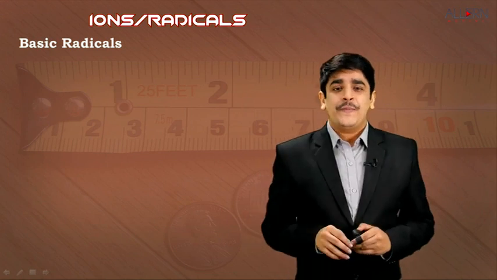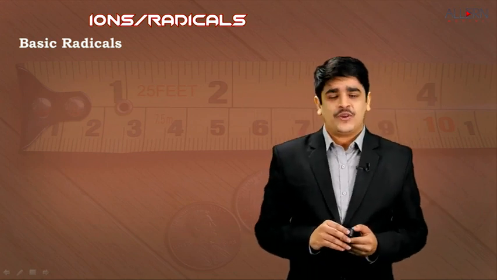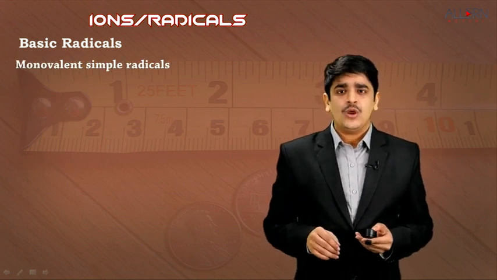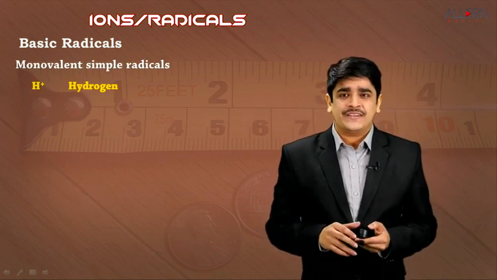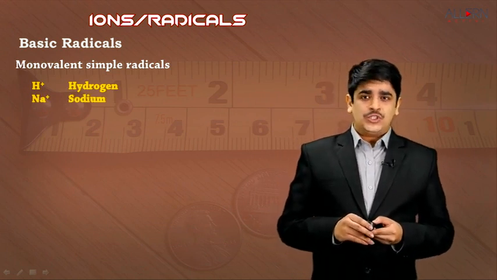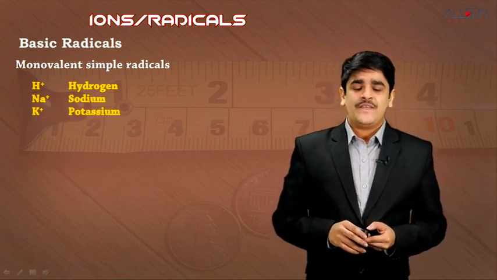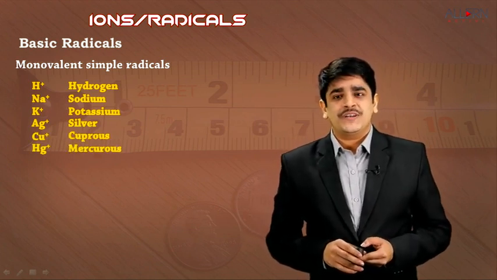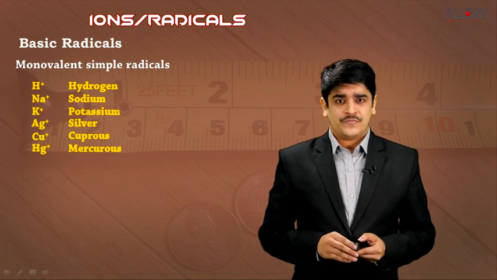Okay. Now, basic radicals over here are the positive radicals. So, every positive radical is a basic radical. Have a look. Who are the monovalent simple radicals? H 1+ hydrogen, Na 1+ sodium, K 1+ potassium, Ag 1+ silver, Cu 1+ cuprous, Hg 1+ mercurous, right?